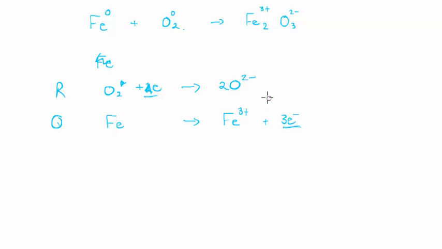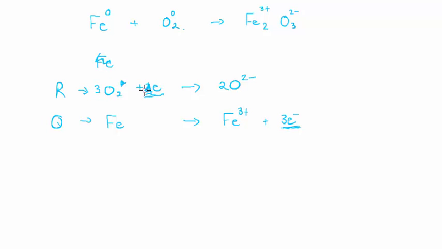Multiplying with what? What can you multiply this one with and this one with? It doesn't have to be the same number, but I'm going to multiply one number throughout so that the electrons equal the same. With 3 and 4, again we look at the lowest common multiple. In other words, what's the smallest number that 4 and 3 can divide into? Make sense? And that would be 12.